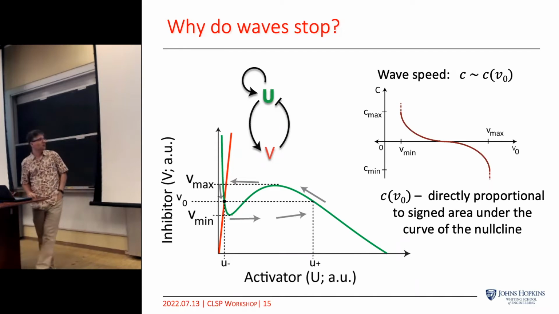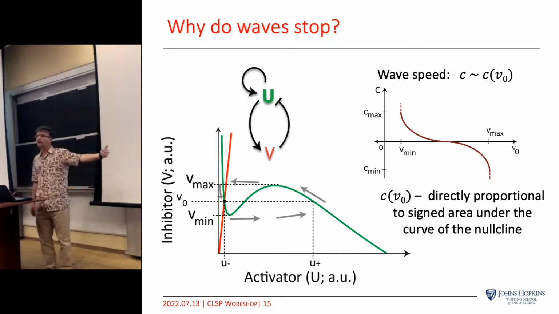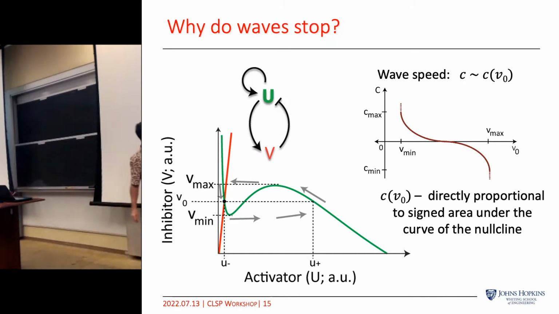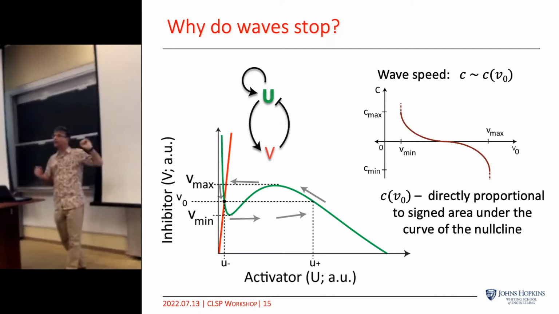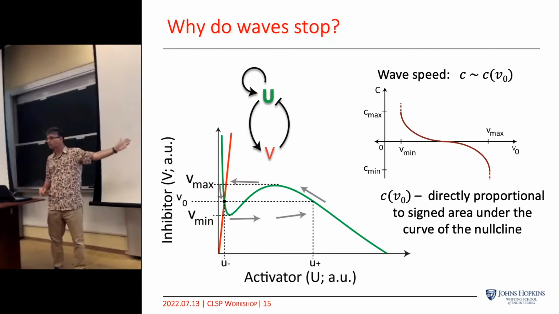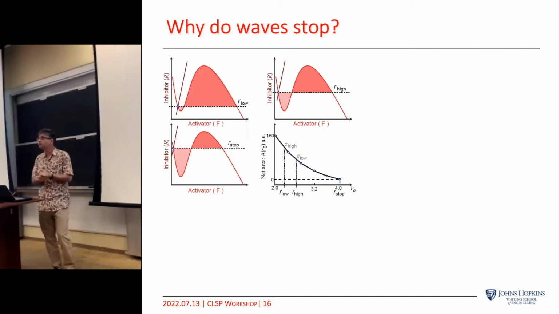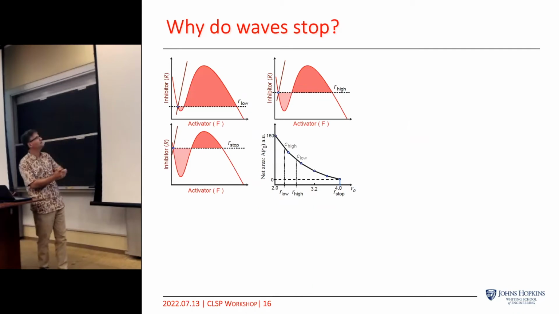Now, you can show mathematically that the velocity of the wave will depend on the net area between these two areas. You take this as negative, you take this as positive, and however much area you have, the wave speed will be proportional to that. In this particular case, I have the intersection at three very different places.